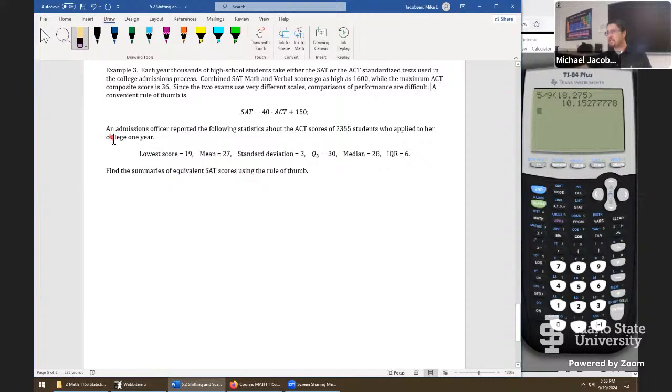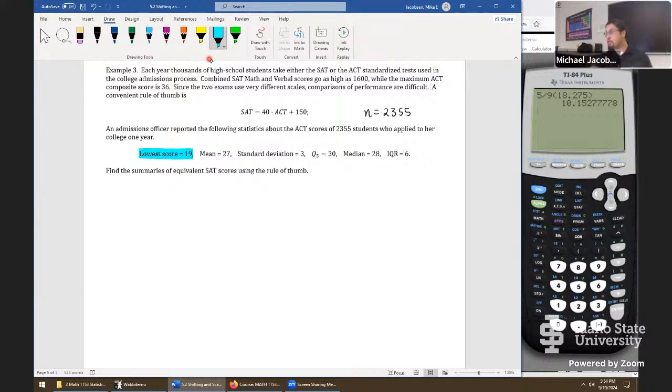Now it tells us next, an admissions officer reported the following statistics about ACT scores for a pretty large sample here, a sample size of 2,355 students who applied to her college 1 year. So here's the statistics given. For the measures of position, we'll highlight in blue.